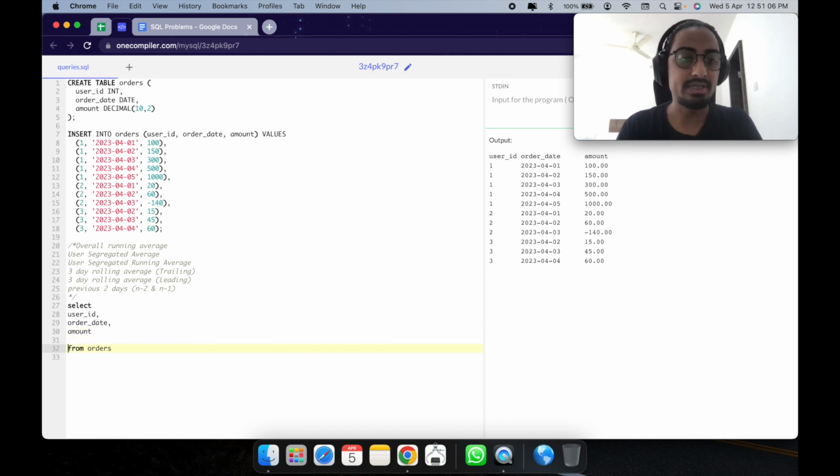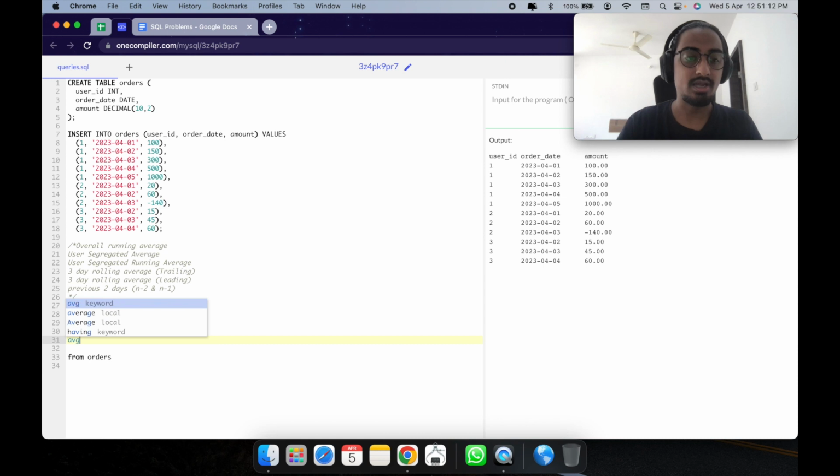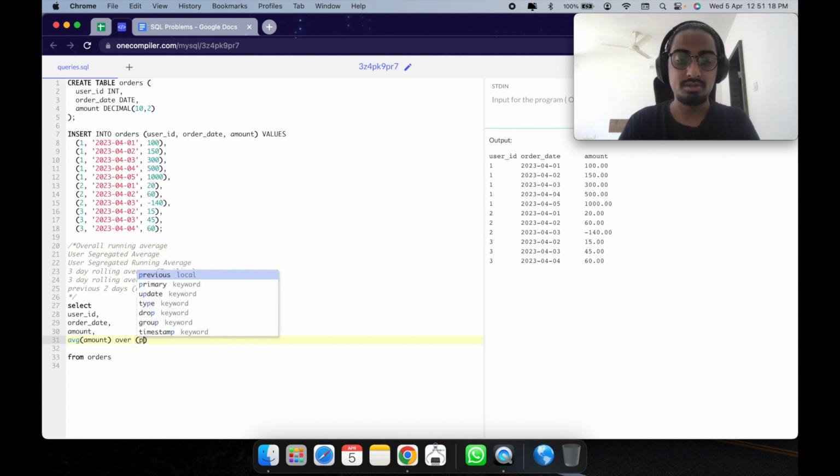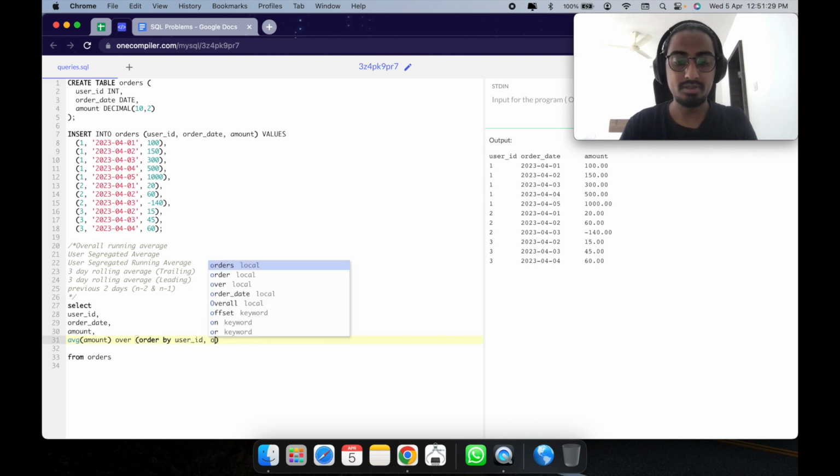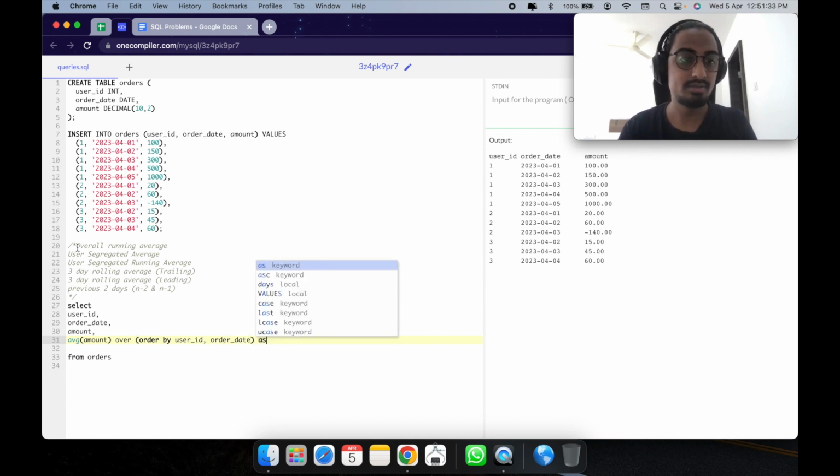This is a pretty easy problem. So we just have to use the window function, average of amount over order by user ID comma order date as overall running average.